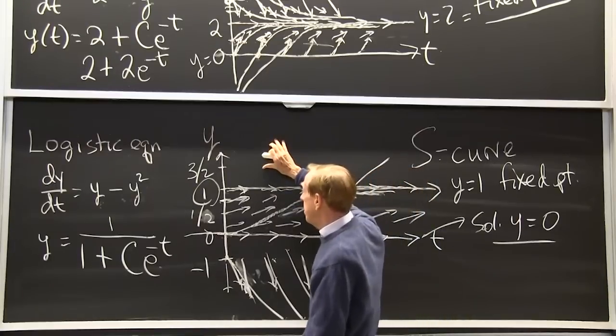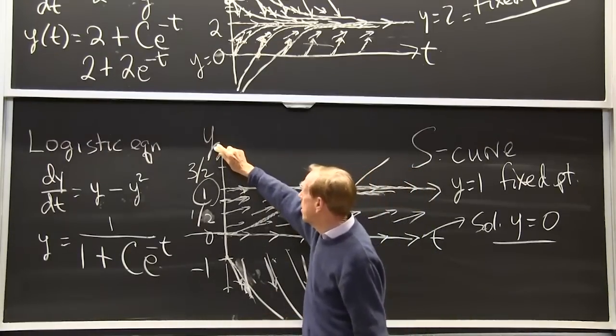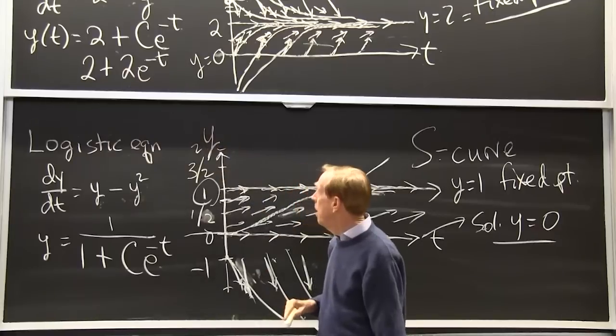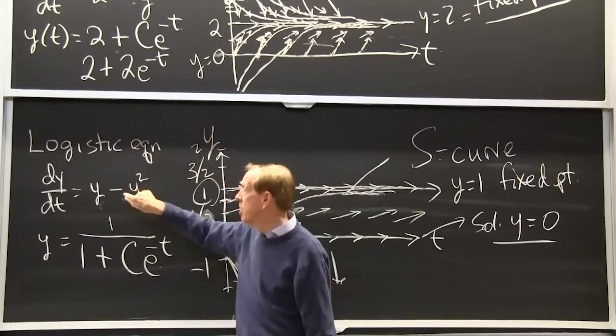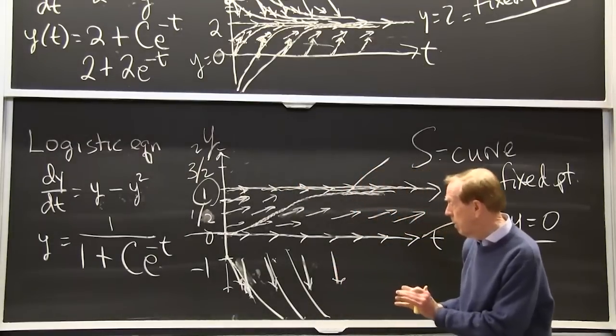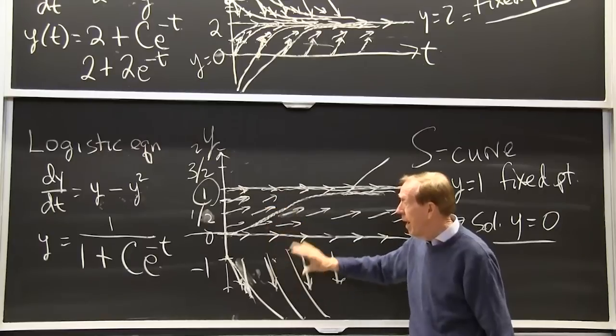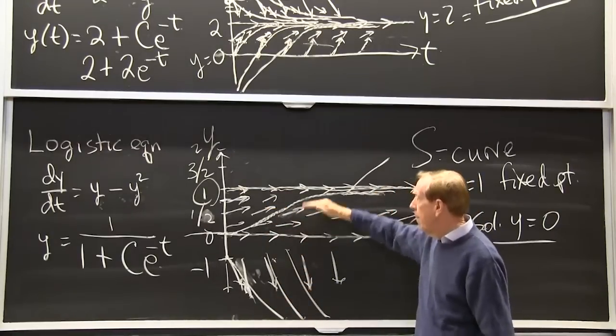Here is a whole region. What happens in this region? Suppose y starts at plus 2. Well, I have 2 minus 4, so the slope is negative. The slope's negative up here. Yeah, this is the big picture. The slope arrows are positive below this line. They're upward.